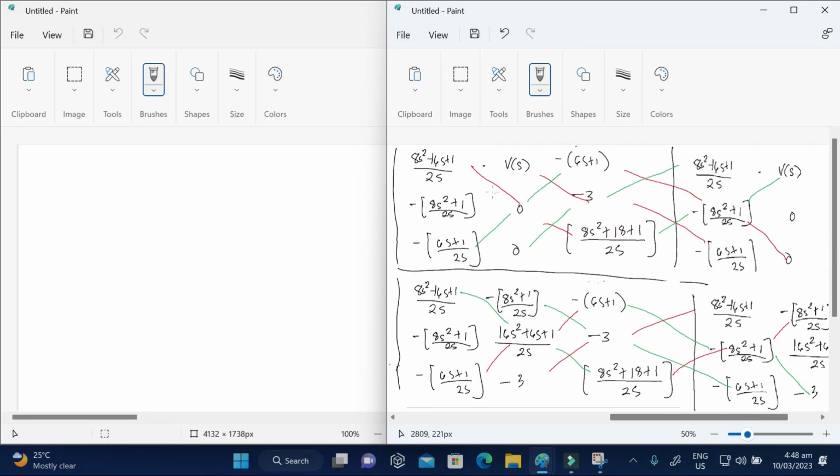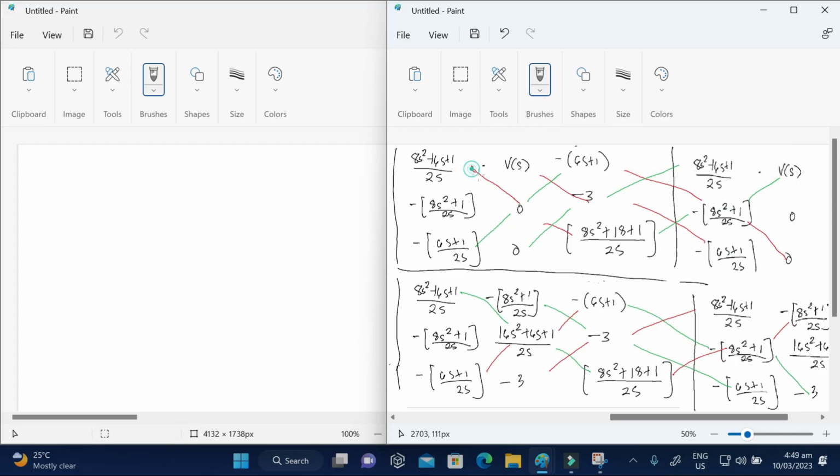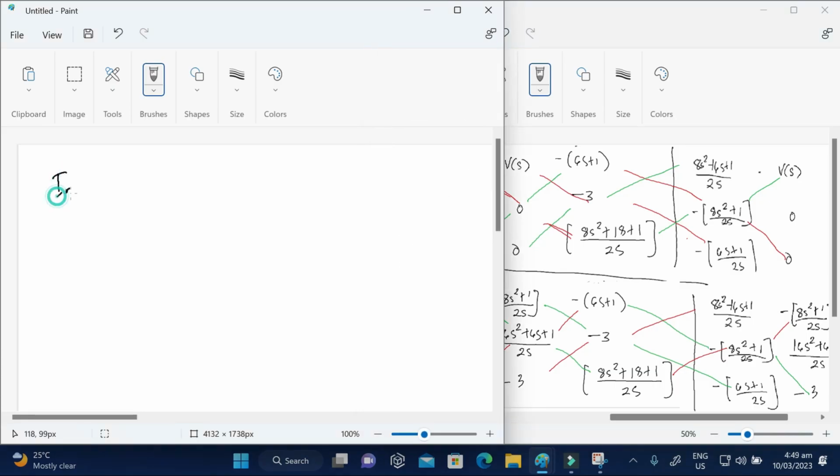Okay. Itong down na to ay 0. Ayan, 0 yan. Tapos ito, down, ay negative 3. So, si I2 is, no?